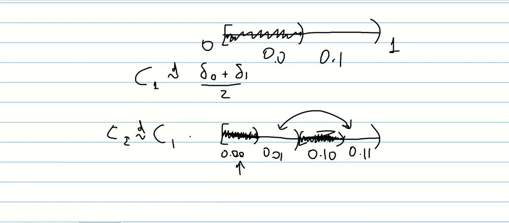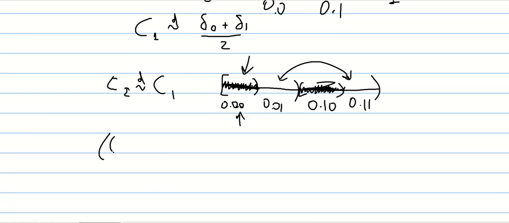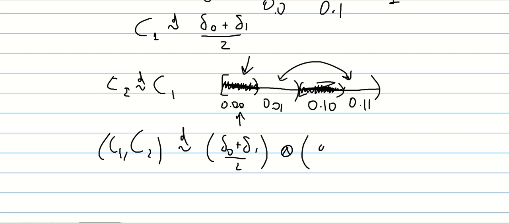Now, what's the joint distribution of C1 and C2? It's 1/4 to be 0,0, 1/4 to be 0,1, 1/4 to be 1,0, 1/4 to be 1,1. So it means that C1 and C2 are distributed as (delta 0 plus delta 1) over 2 times (delta 0 plus delta 1) over 2.